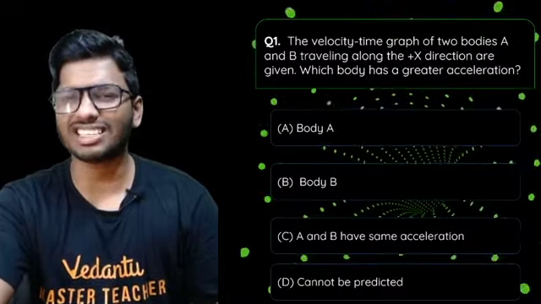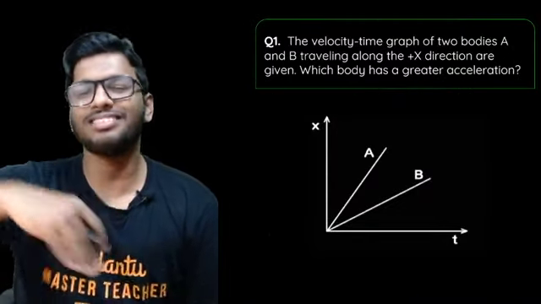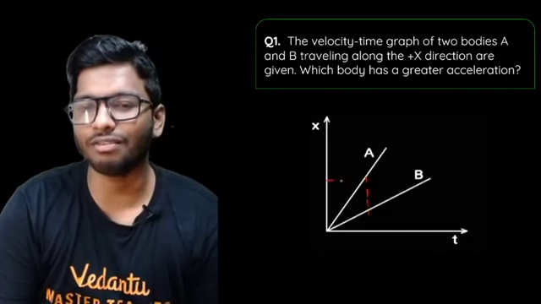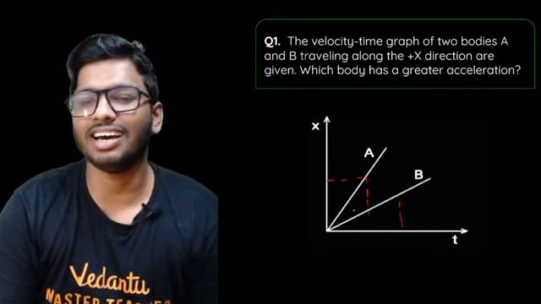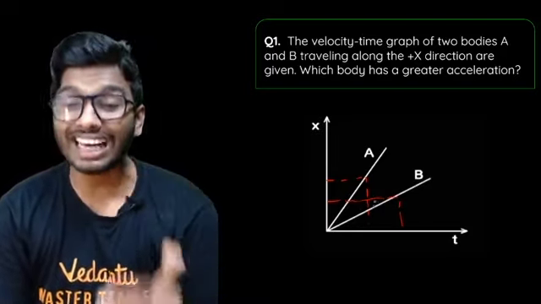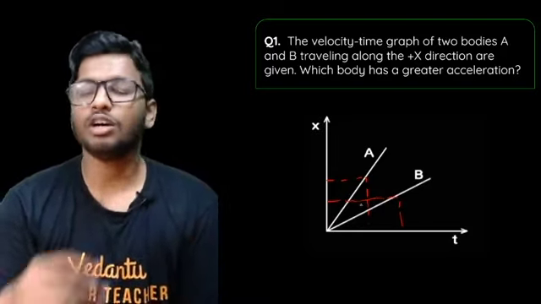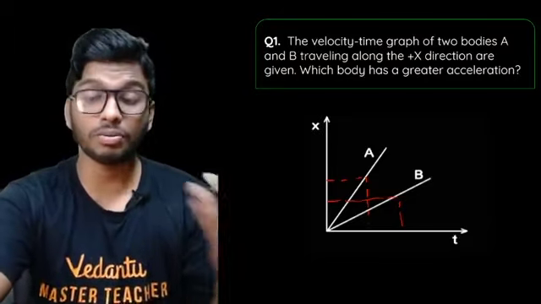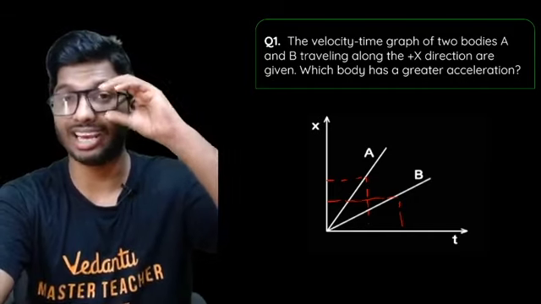The answer to this question is actually pretty straightforward. Because the graph of A is much steeper, if you find the slope of this graph, you can clearly see that the slope of A would be greater than the slope of B. So you can come to the conclusion that body A has a greater acceleration.